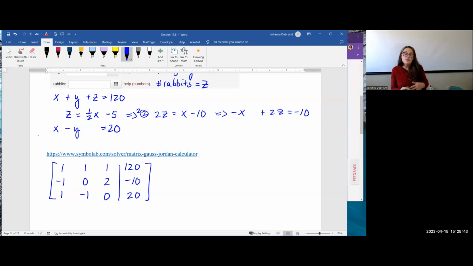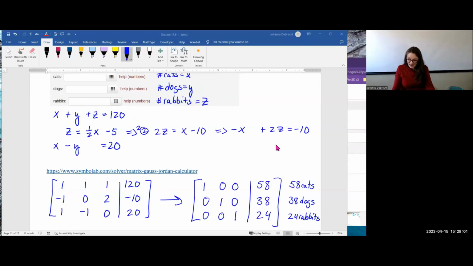Now keep in mind that we're talking about whole animals here. So if we put fractional answers, this application problem doesn't have a solution. You can't have part of a cat or a dog or a rabbit. So go ahead, pause the video, work it out, and turn it back on, and we'll compare our results.